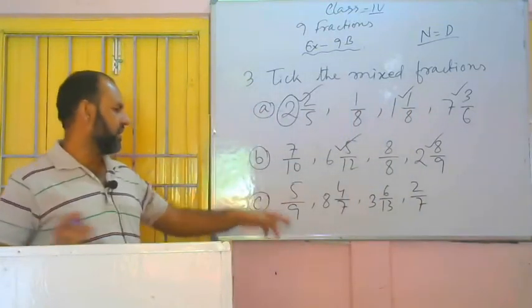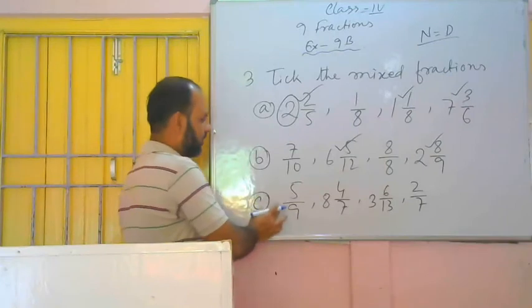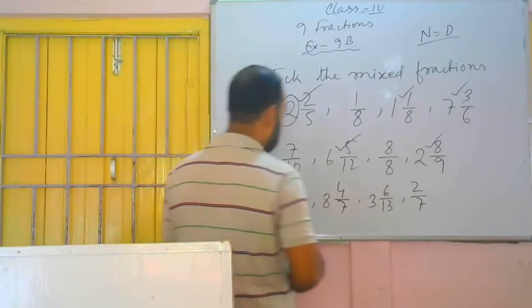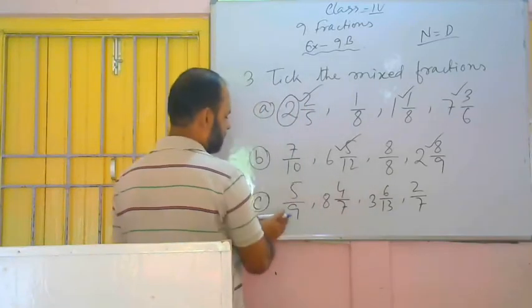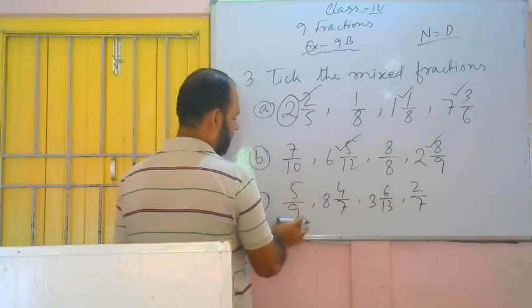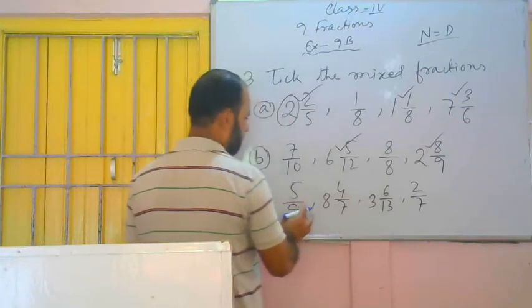Here 5/9: only the fractional part is there. The whole part, the integral part, is not there. That's why it is not a mixed fraction.